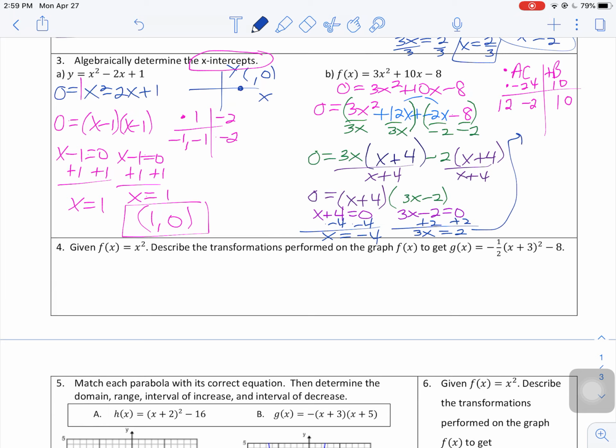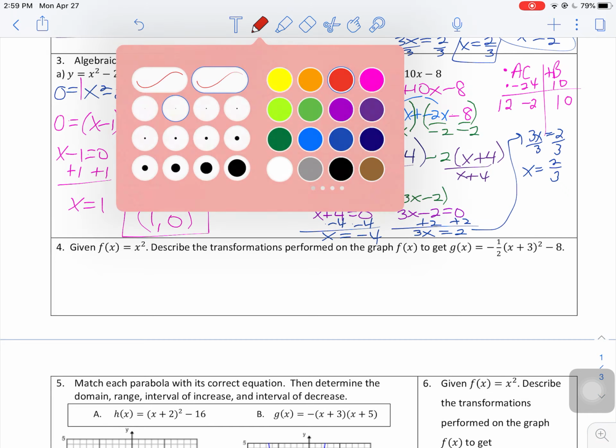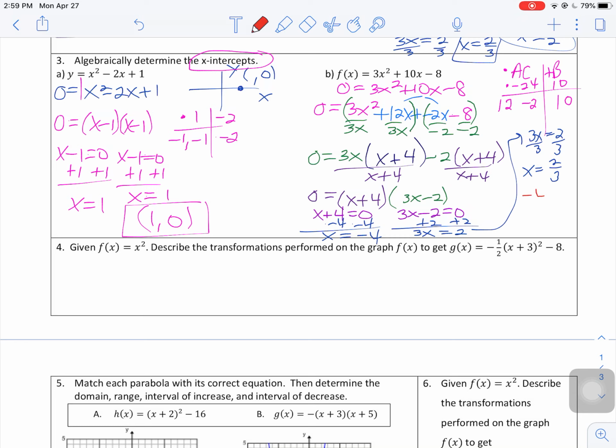Let me slide this up here. 3x equals 2. We want to divide by 3 on both sides to get the x all by itself. And then as far as the final answers go, -4 comma 0 in parentheses, and then 2/3 comma 0 in parentheses. So we want those answers as ordered pairs when they specifically ask us for x-intercepts.